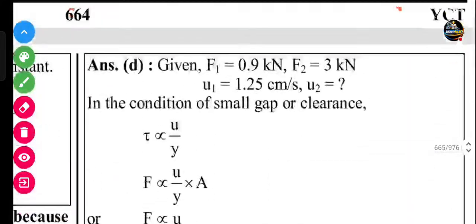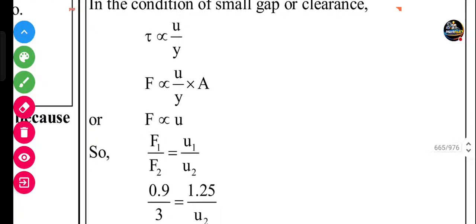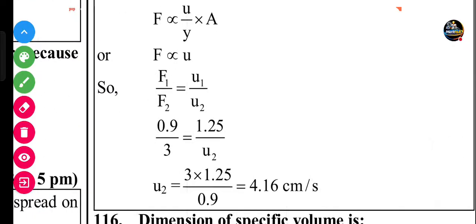This is the solution. F is directly proportional to velocity. F1 by F2 equal to U1 by U2. By this relation you can easily solve this question.